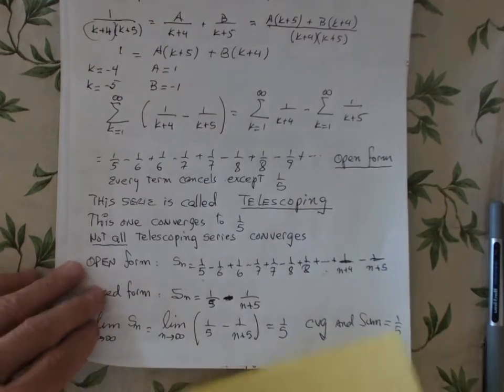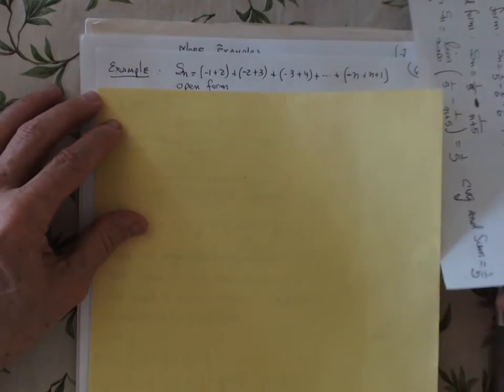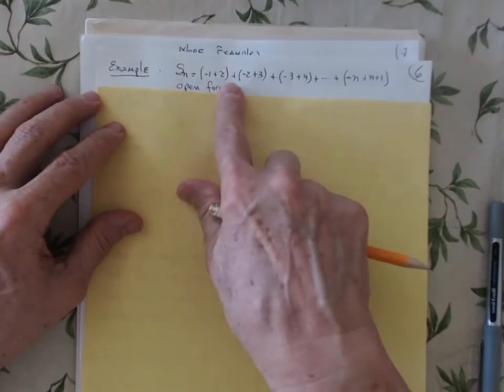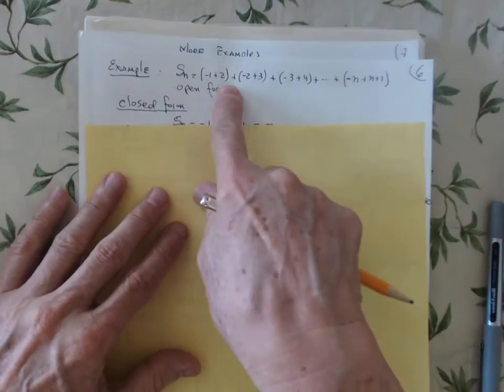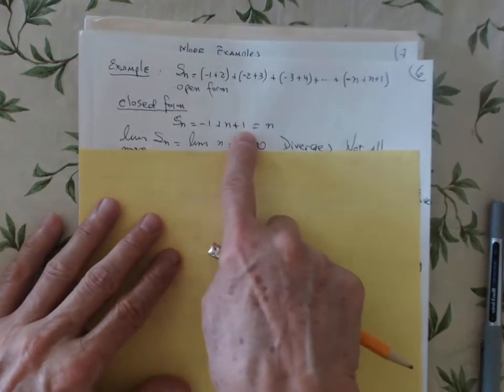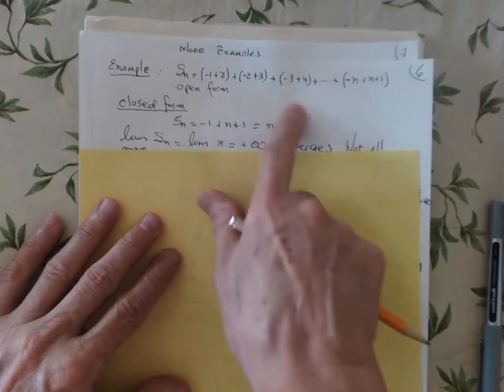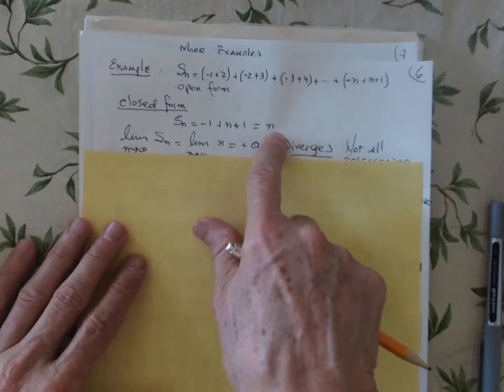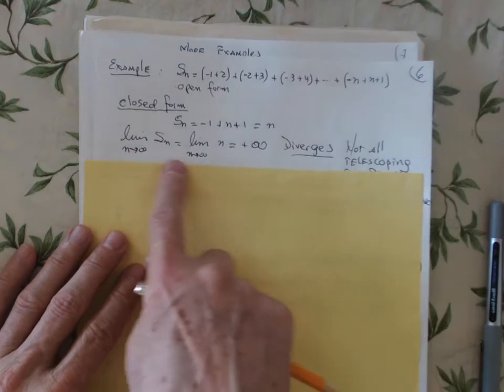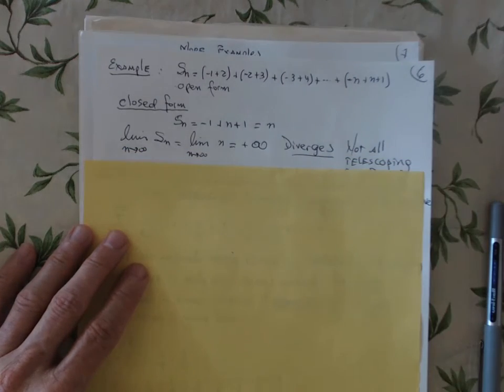Okay? So another example, look at this one. This is another telescoping in the open form. The ones in between start collapsing. So you have this -1 and the last one, n plus 1, which equals n. When n goes to infinity, it is infinity, so it diverges.